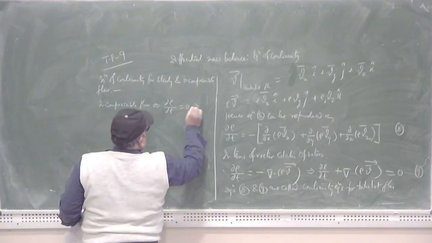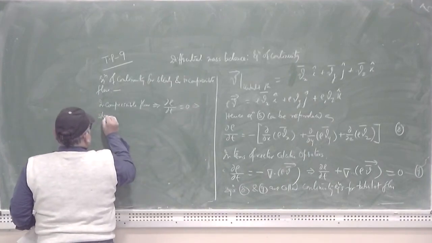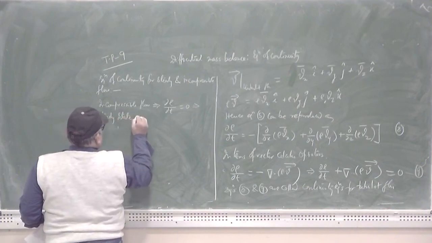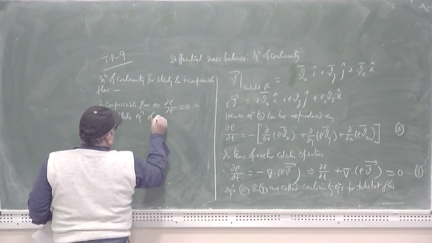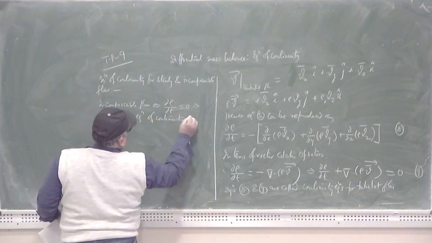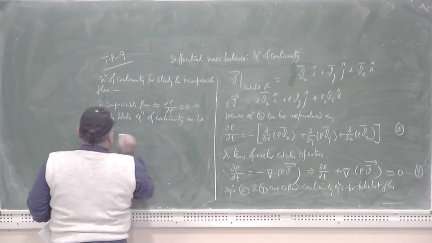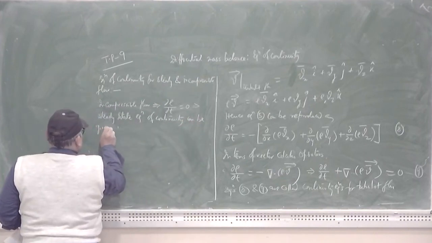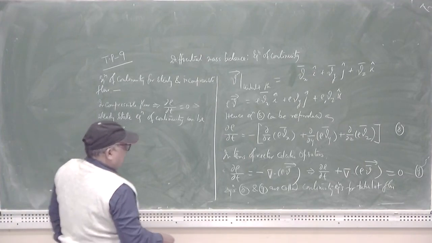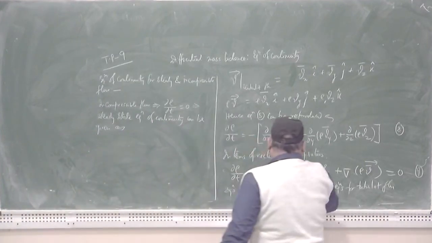Hence, the steady state equation of continuity can be given as follows, because this quantity is equal to 0.